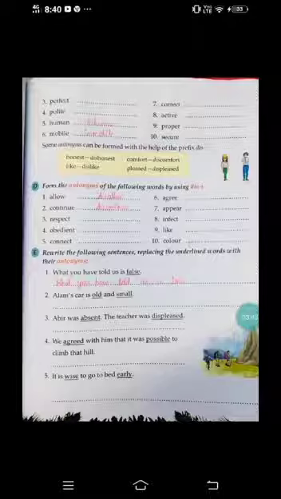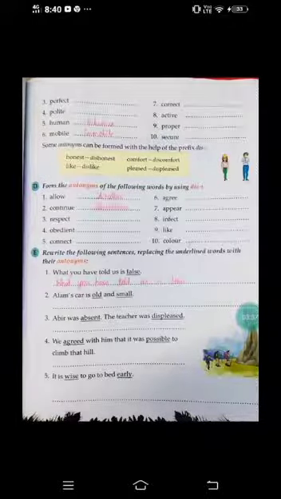Next, mobile, immobile. Mobile means which is movable. Immobile means which is not movable. For example, we all have mobile phones, right, which are carried very easily from one place to another. Whereas earlier we used to have landline phones, which are not movable. In the same way, mobile, immobile: which can be moved, which cannot be moved. The rest you can do easily.